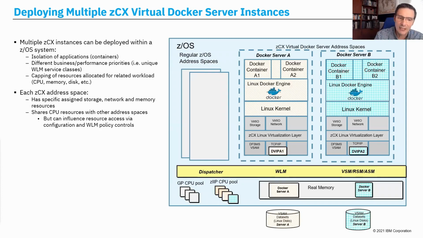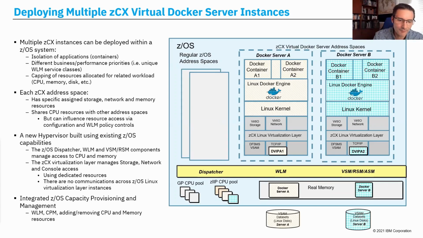And again, each zCX address space is going to have its own disk space, its own network, and its own memory resources. They are, of course, going to share CPU resources with other address spaces. But if I have workload manager give a much higher priority to one server than the other, the odds of that server getting more CPU power is much greater, right?